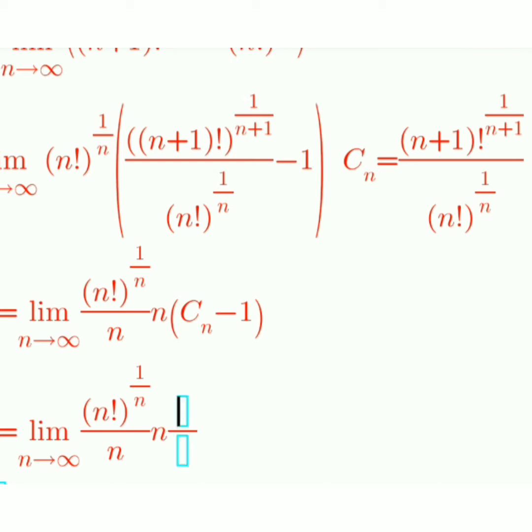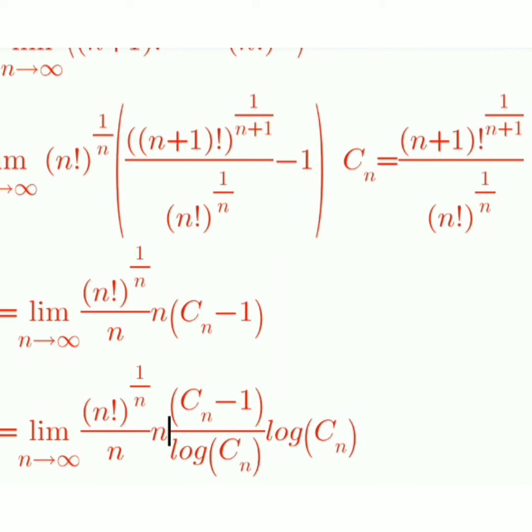And now I will multiply in here Cn minus 1 into log Cn, and after that I multiply log Cn. So make a balance.